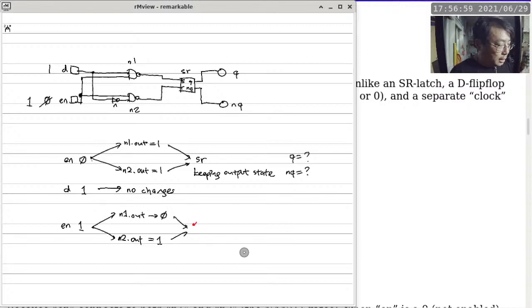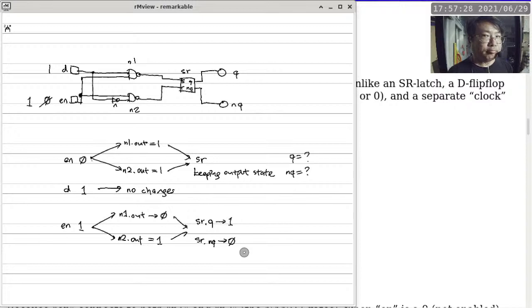So this is going to lead to the SR latch changing its output Q to a 1 for sure, and NQ to a 0 for sure. So are we okay with this analysis? Alright, so we got a thumbs up.